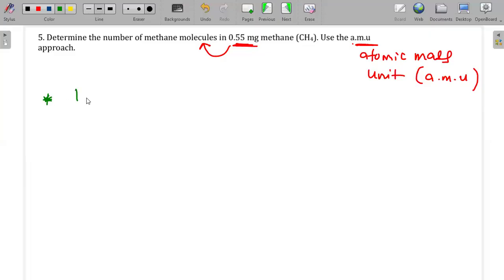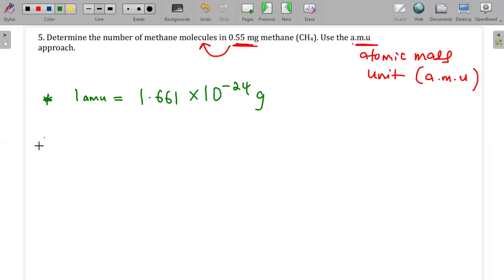One atomic mass unit is the same as 1.661 times 10 to the power minus 24 grams. This one should be in your head. Just know that one atomic mass unit is equivalent to 1.661 times 10 to the power minus 24 grams. That's the relationship that we have to know.